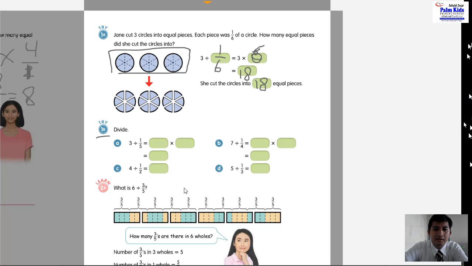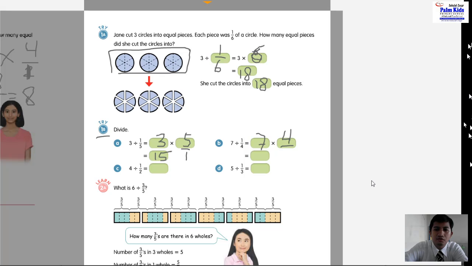1b, 3 divided by 1 per 5 equals 3 multiplied by 5 per 1, or 5, equals 15. Next, 7 divided by 1 per 4 equals 7. Change the division into multiplication. 4 per 1.